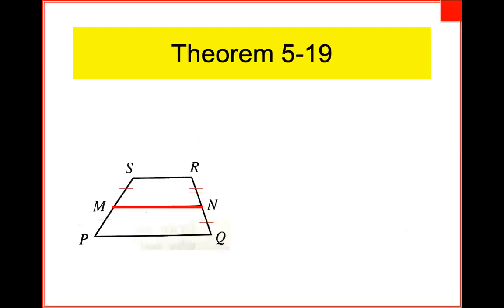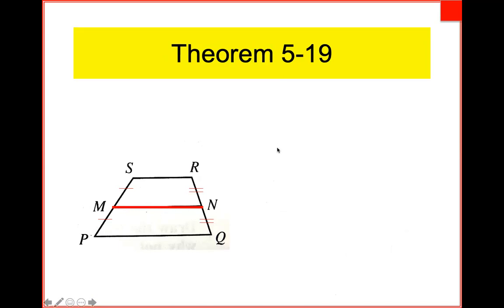All right. Hey, recall that as McKinley said before, we talked about way back in chapter 5 this thing called a median of a trapezoid. A median of a trapezoid is a segment that goes to the middle of the two legs of a trapezoid.